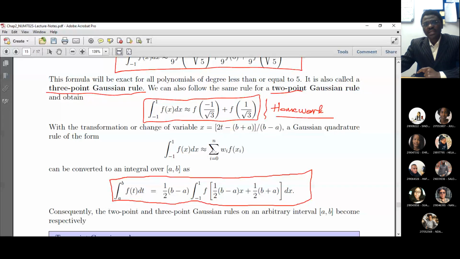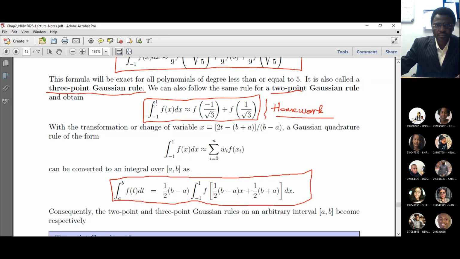Now, as a general remark, you will see that the limits of integration so far are fixed to -1, 1. You can see clearly that we use the interval -1, 1 to derive the various formulas, the 2-point and the 3-point.